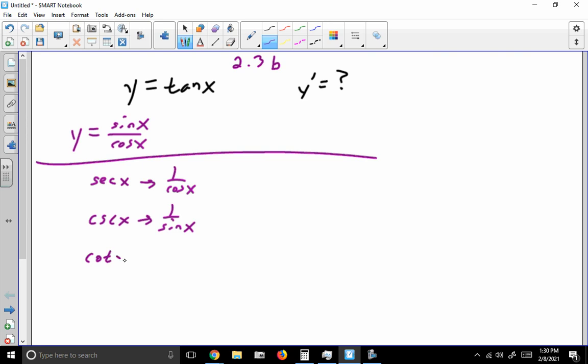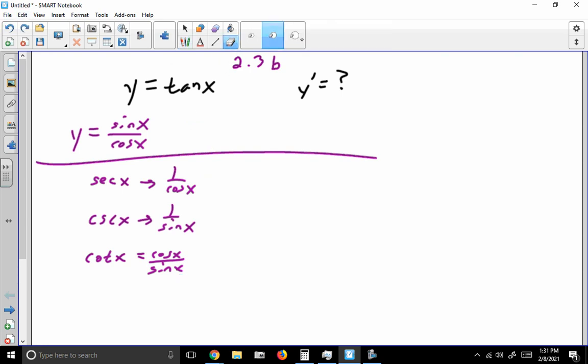And cotangent, if tangent is sine over cosine, cotangent is cosine over sine. So if we know the derivative of sine and we know the derivative of cosine, notice all of these are quotients involving sines and cosines. So we could find all of these other derivatives.